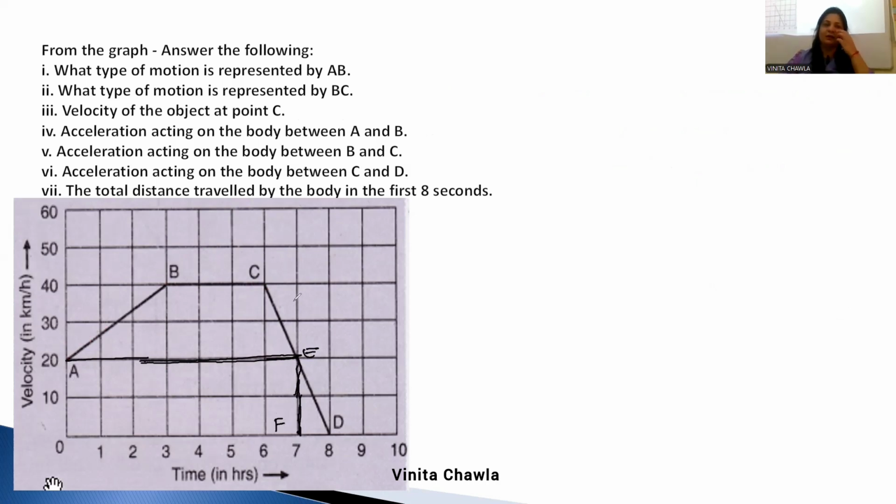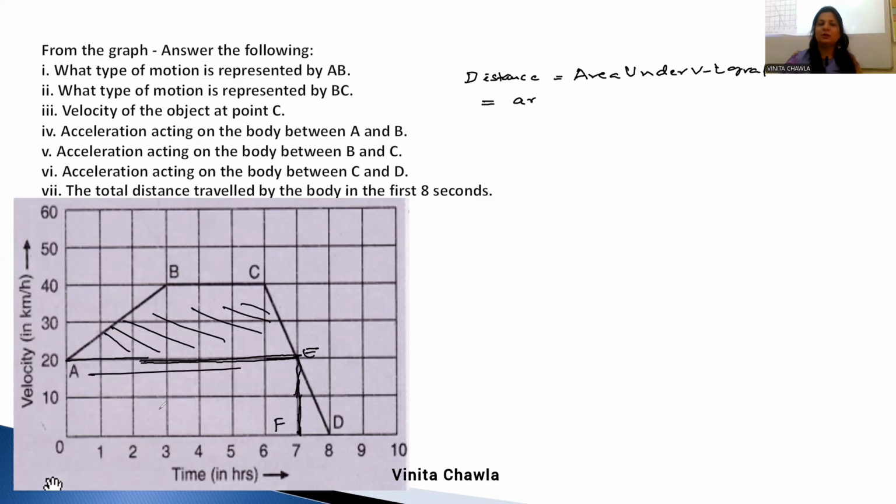If we have to find distance traveled, how do we find distance from the VT graph? Distance is the area under the VT graph. And the area under the VT graph is the area of this portion, this portion and this portion. So we have 3 different figures here.